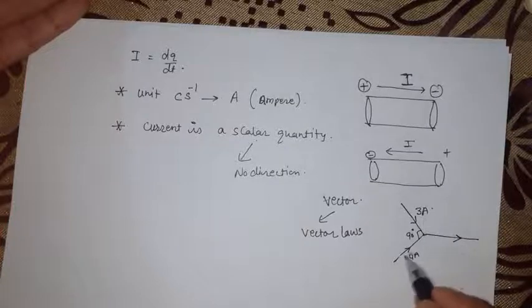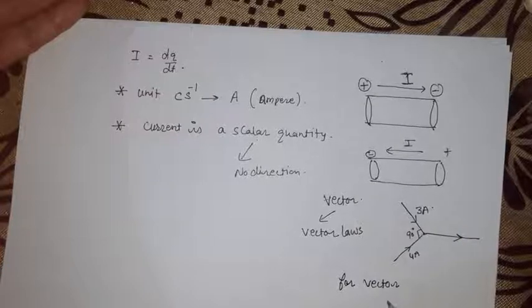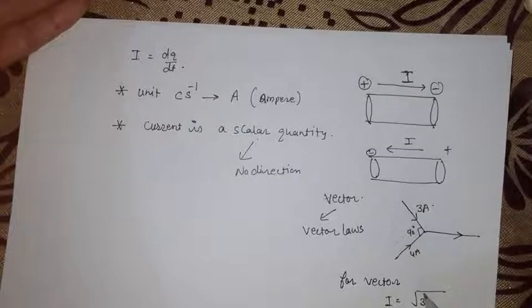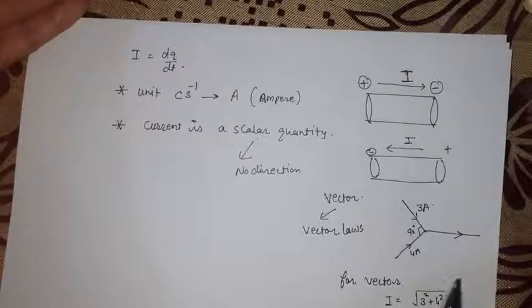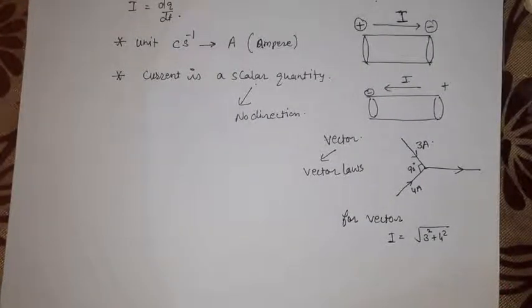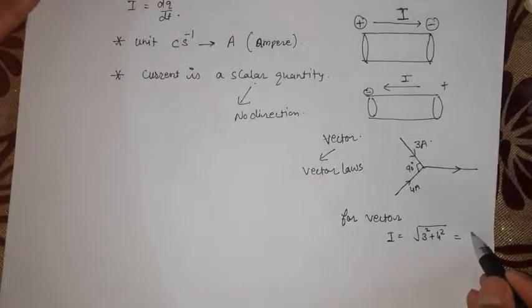If it is a vector, then the resultant current will be the square root of the square of 3 plus the square of 4, following the laws of vector addition. So it must be 16 plus 9, 25, so it is 5 ampere.